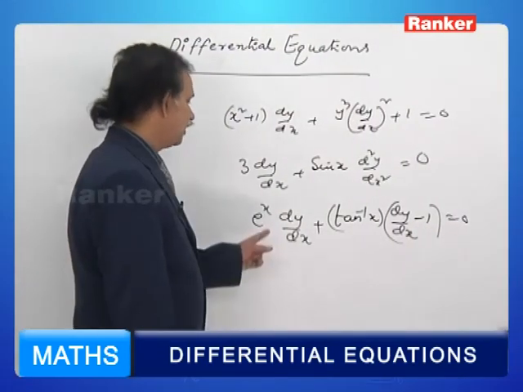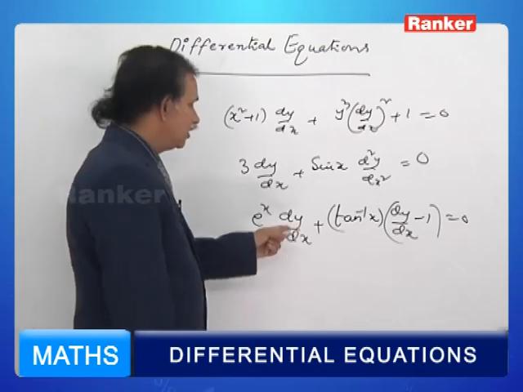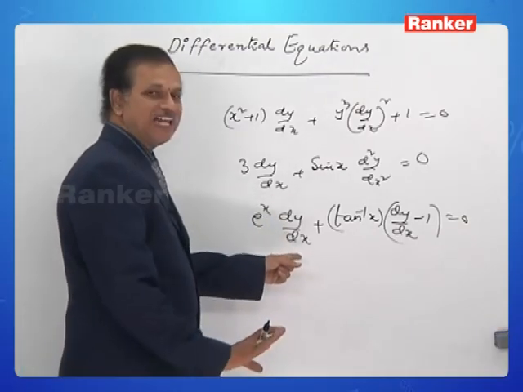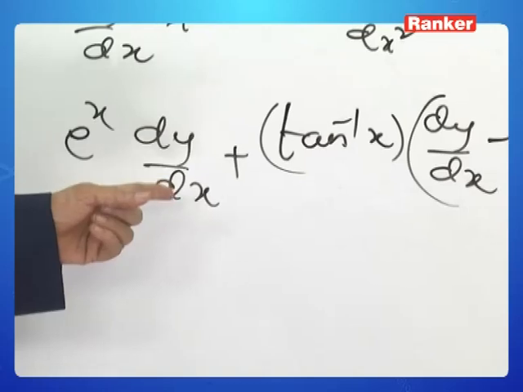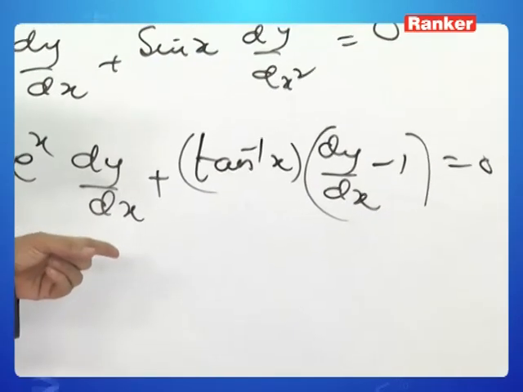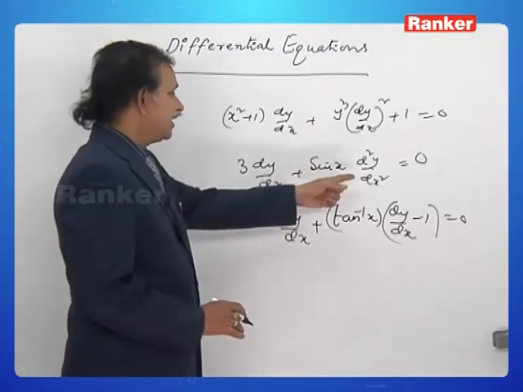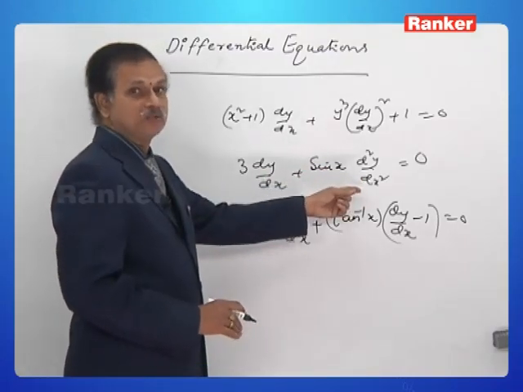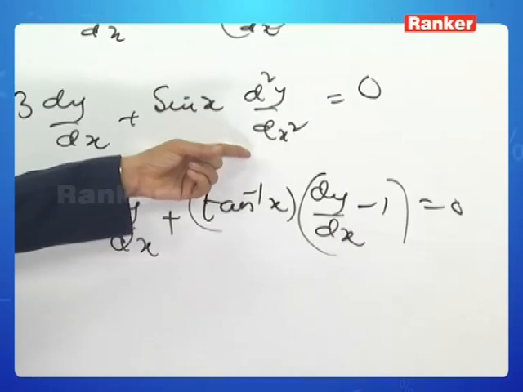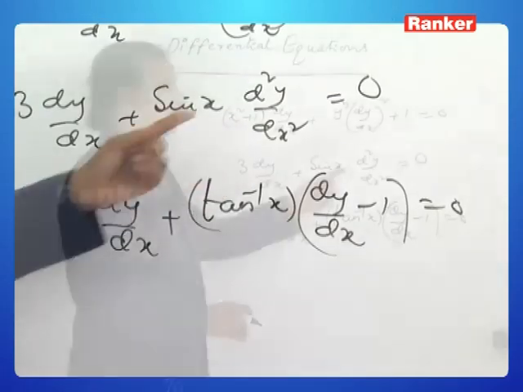Well, in this equation, dy by dx is only present. That is, the first order differential coefficient is only present. Here, second order derivative is also there. Second order differential coefficient is also there.